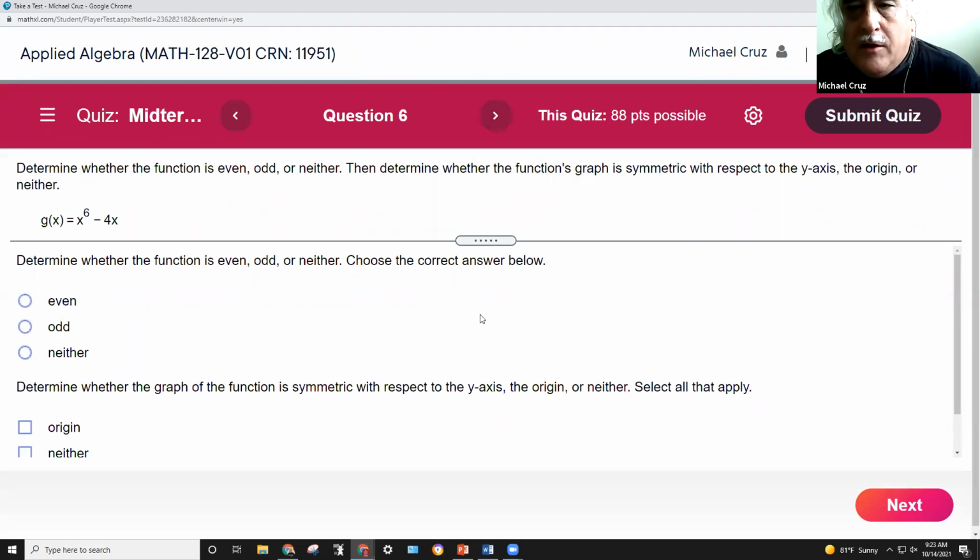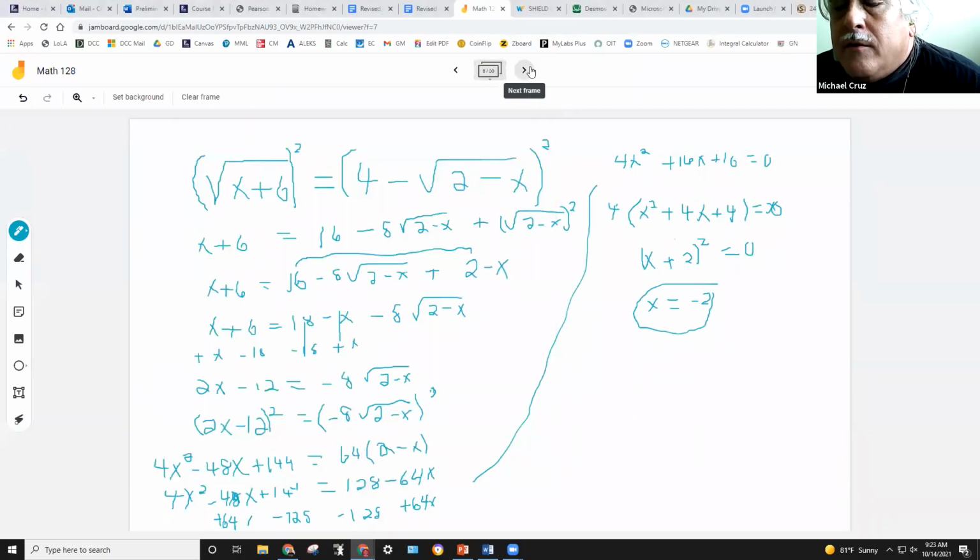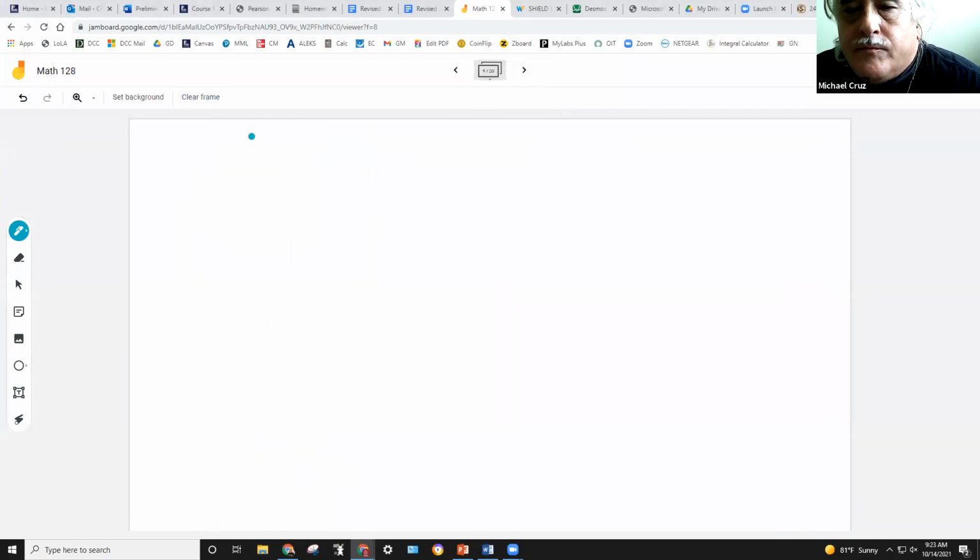All right. So to determine odd and even, like on that last one, we were just looking at the graph and looking at the symmetry. But on this one, we got to check it somehow. Let's just do it real quick. So even symmetry.